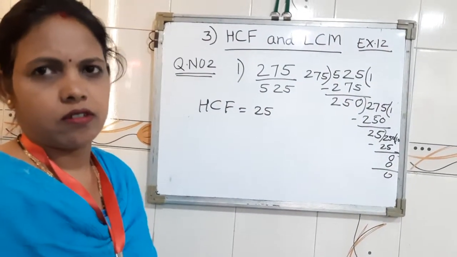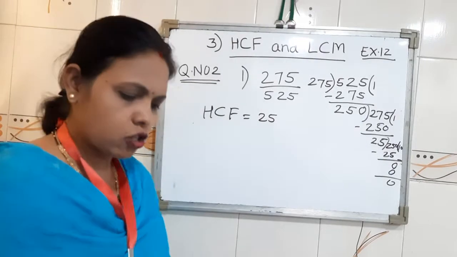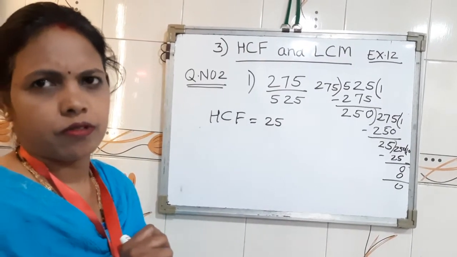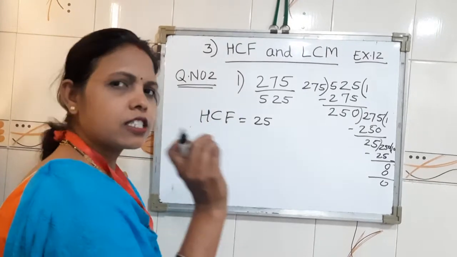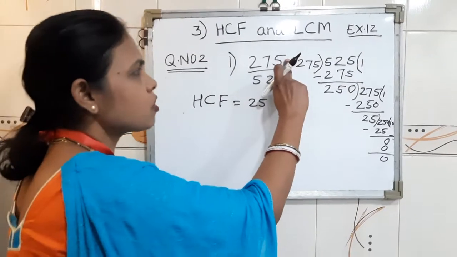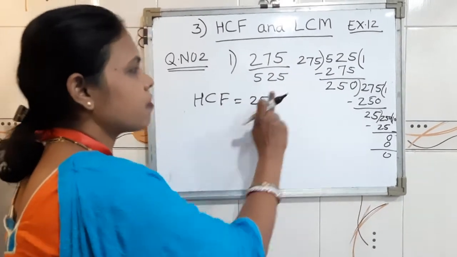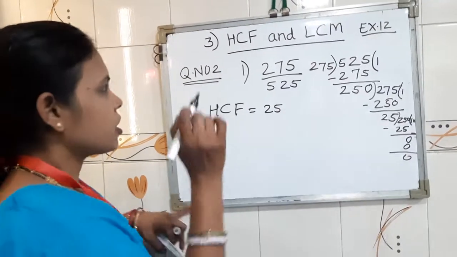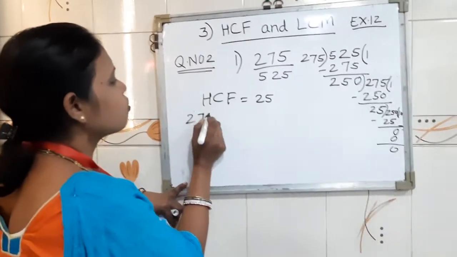Now, the next question is asking to reduce to the simplest form. For the simplest form, the common number for 275 and 525 is 25. Common number means HCF.